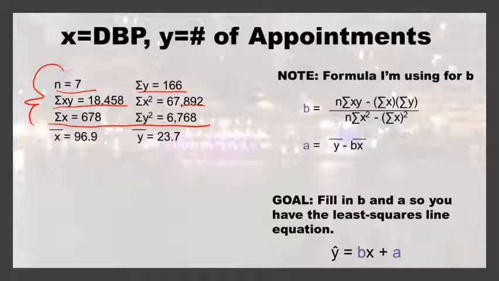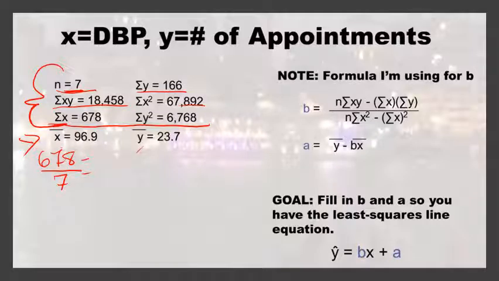You're going to need to look back at how you calculated R, and all of these little pieces to calculating R are going to be required to calculate B as well. In addition, I took the means of the X's and the Y's. How are you going to do that? Basically, you take 678, the sum of all the X's, and divide it by how many patients there are, which is 7.